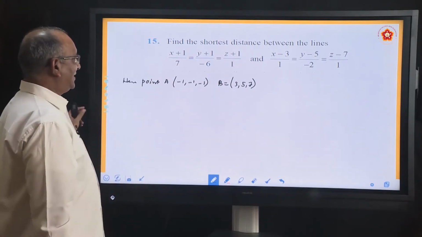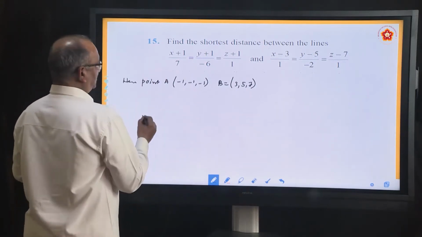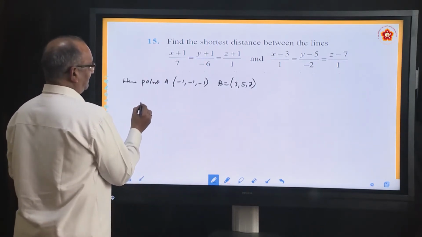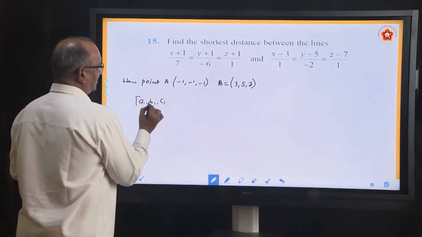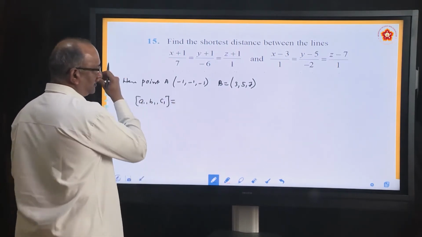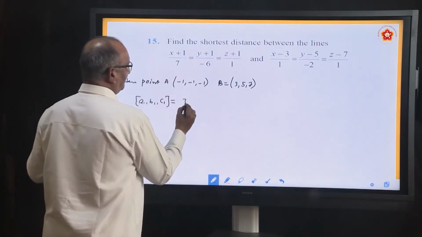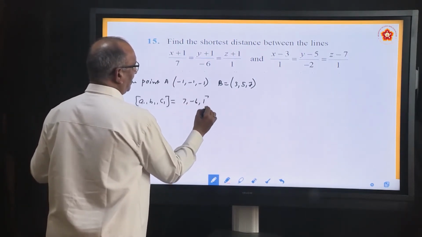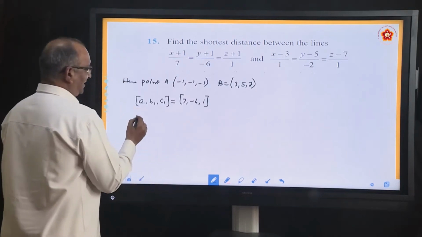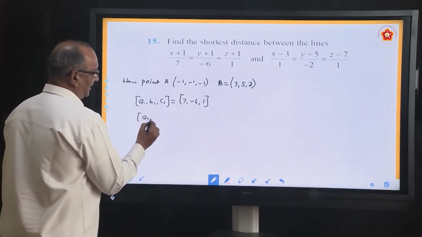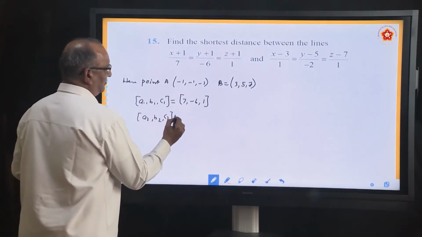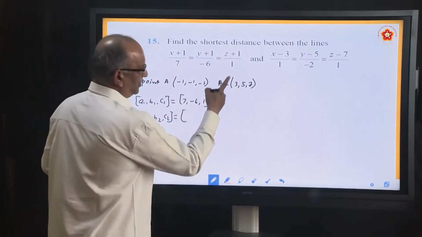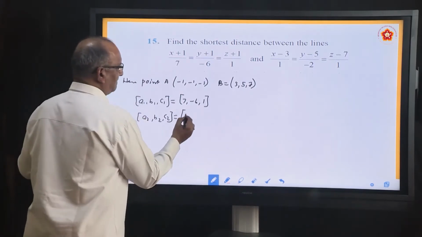And then he has given direction ratios A1, B1, C1. What are they here? 7, minus 6, 1. Similarly, for the second line, A2, B2, C2. What are the values? 1, minus 2, 1.